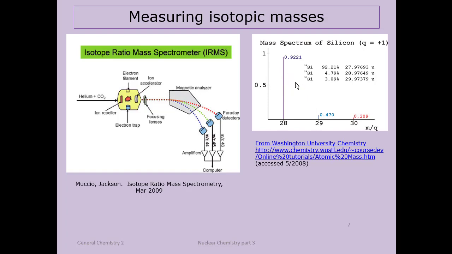You integrate the area under the peak, and it correlates directly with the amount. But again, the point being, this particular instrument measures very precisely and gives you a lot of significant figures in the mass. That's how we come up with these numbers, because we're going to be using them throughout this talk.